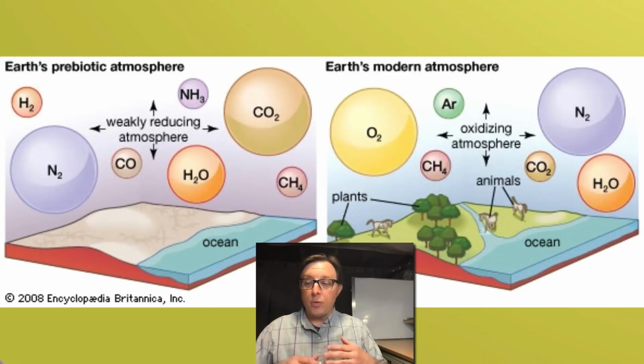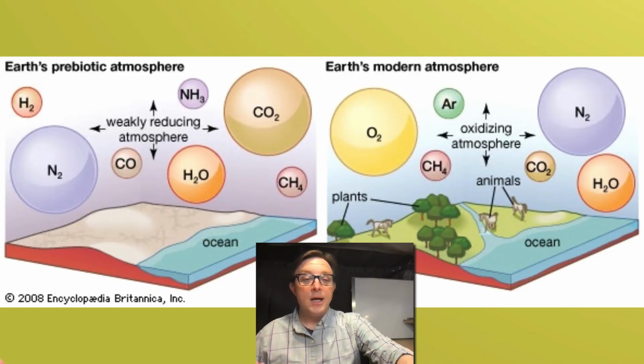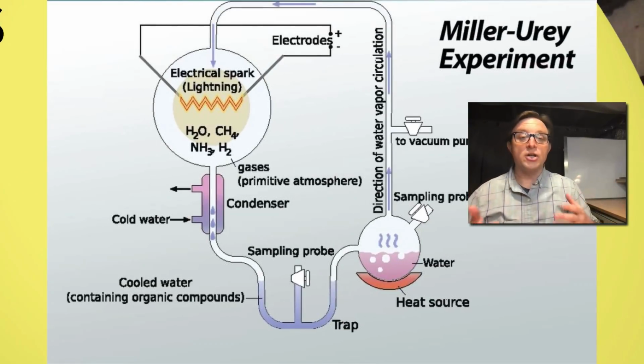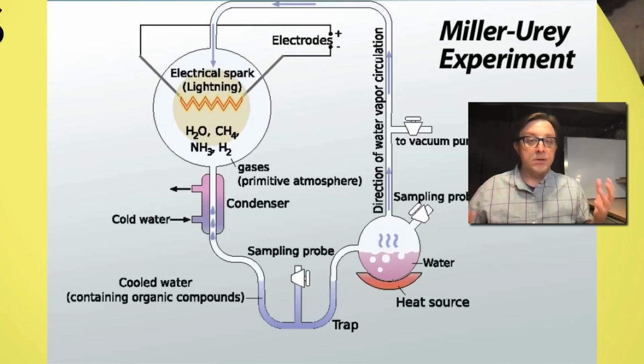So there were a set of experiments done, looking at these early atmospheric conditions and what that meant in terms of production of early organic compounds. This is referred to as the Miller-Urey experiment for the two researchers that led this group.